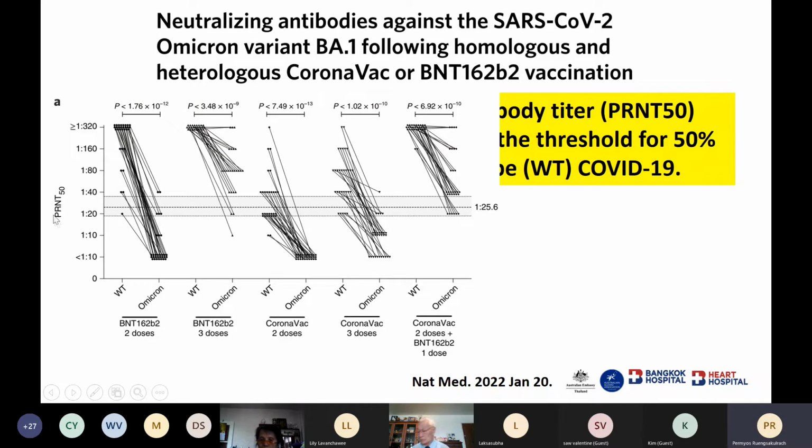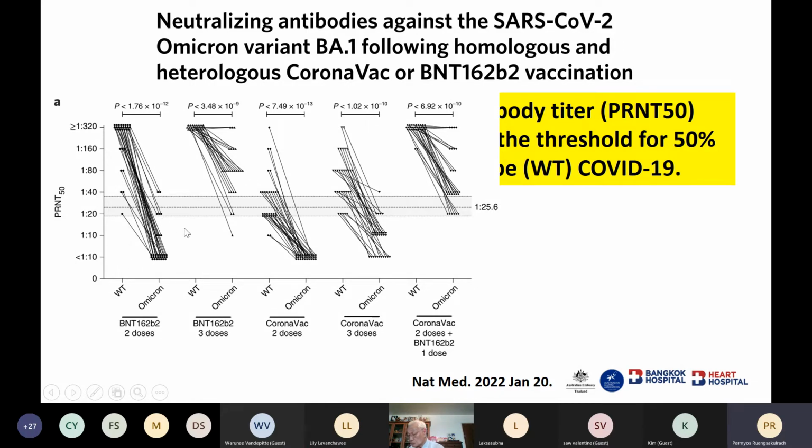So if the PRNT50 is in this gray zone, okay, it's good. Above this gray zone is good, okay? Below is not good, okay? So if you have Pfizer vaccine 2 doses, the antibody is not enough to prevent 50% of infection, okay?